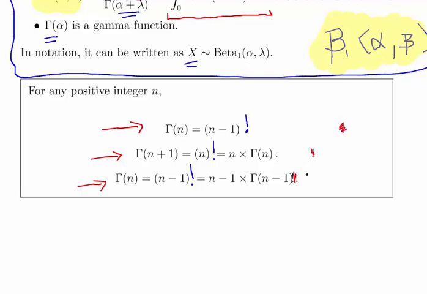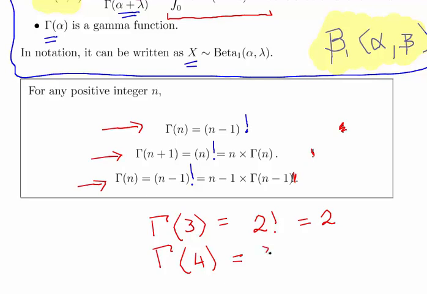Anyway, the gamma function of n is n minus 1 factorial. That is to say, the gamma function of 3 is 2 factorial, which is equal to 2, and likewise the gamma function of 4 is 3 factorial, which is 6. It's handy to know these little results, just have them ready in your head. The gamma function is straightforward enough. You should be familiar with the factorial function.